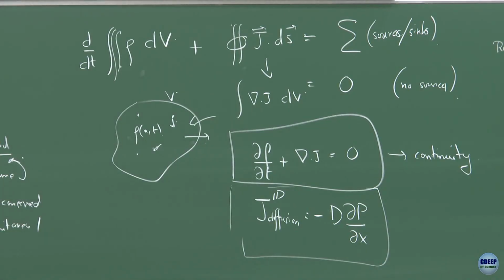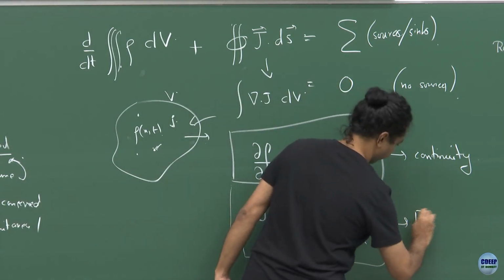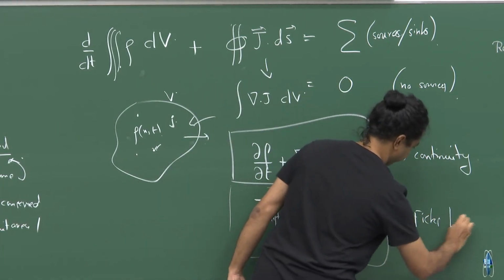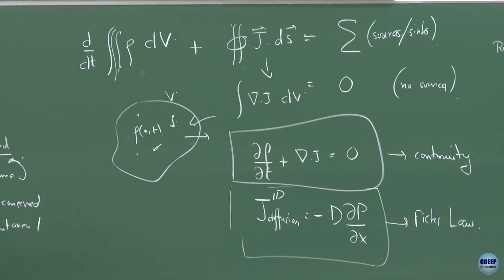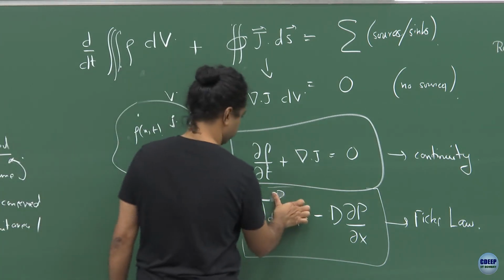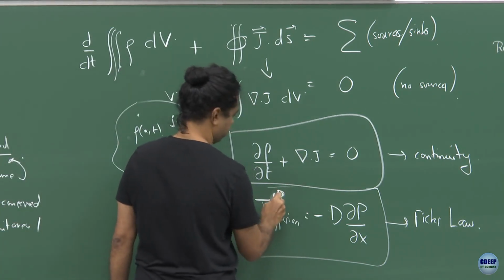This is the diffusive current. This is called Fick's law. I should not say 1D. Yeah, it's 1D.